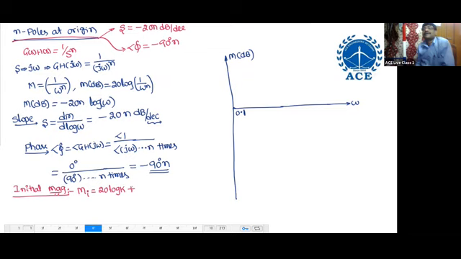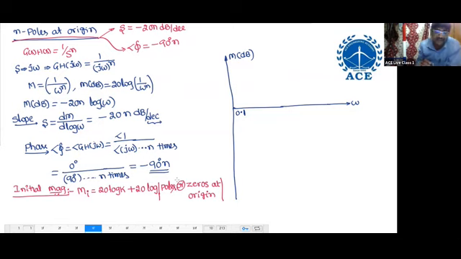One is K. The second is the number of poles and zeros at the origin. So Mi equals 20 log K plus 20 log of the magnitude of poles or zeros at the origin.